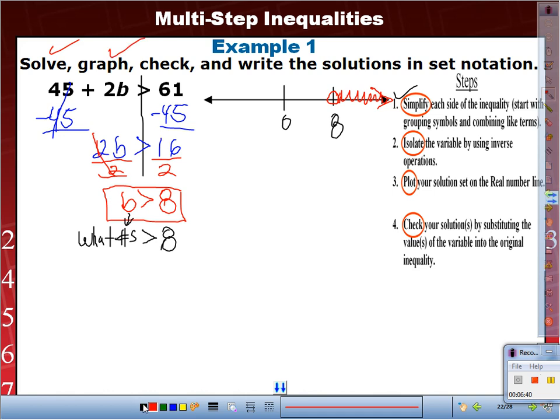Let's go to check. I want you to write check. I'm going to write my inequality, 45 plus 2b greater than 61. Before I do the check, look up. Now we have something particular here on our number line. We say that these are our possible solutions, right?